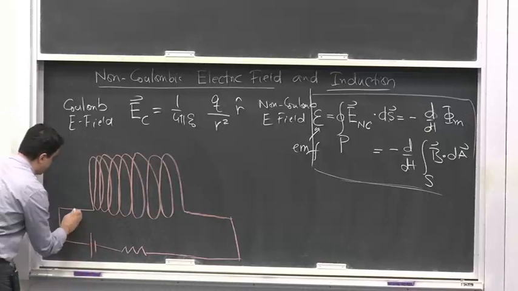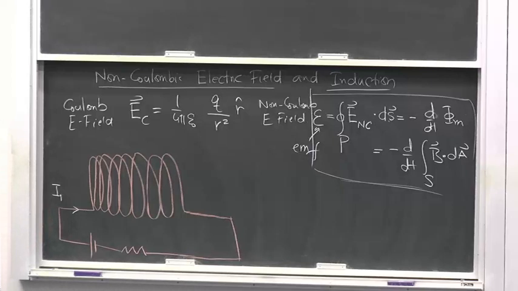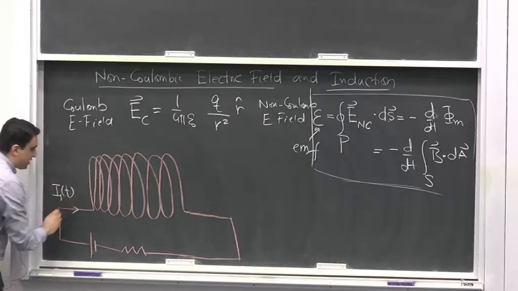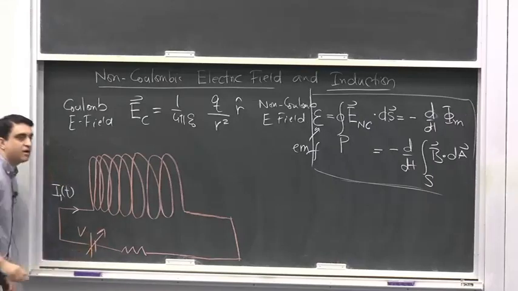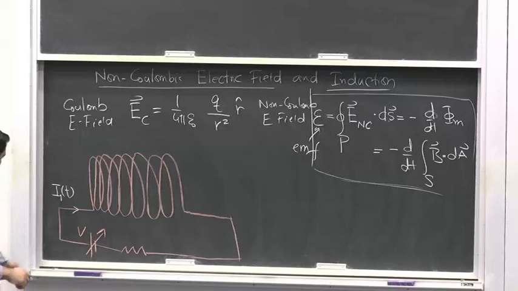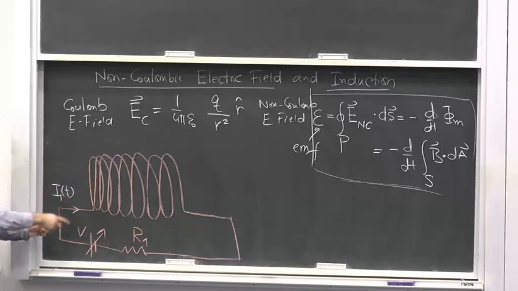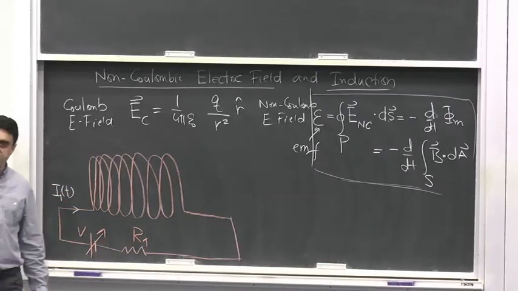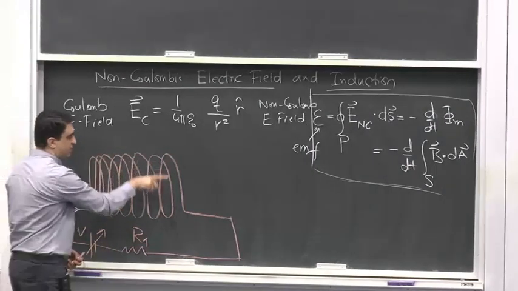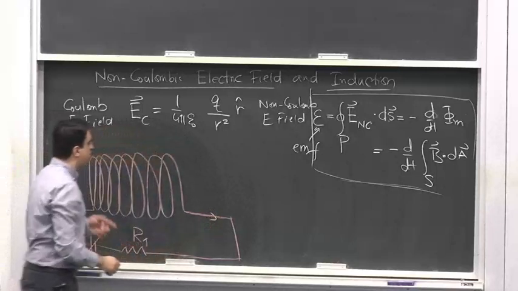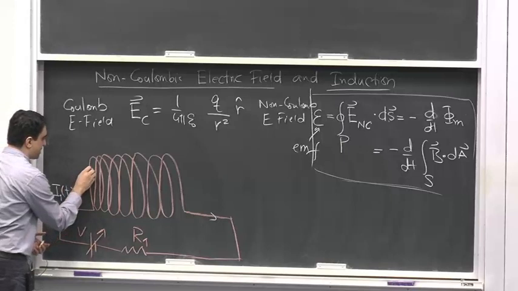So I might have some current here which I would call I1, and that current is a time dependent current, so I might have a voltage source which is variable. If I change the voltage source and I have a certain resistance R1, I can drive different currents along the circuit just by changing the voltage. Make sense? So if you have currents running around this solenoid, those currents would produce a magnetic field inside, depending on the direction of the current.